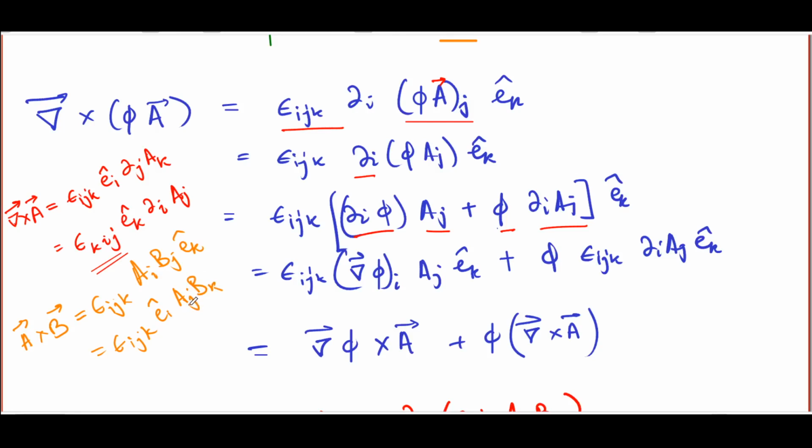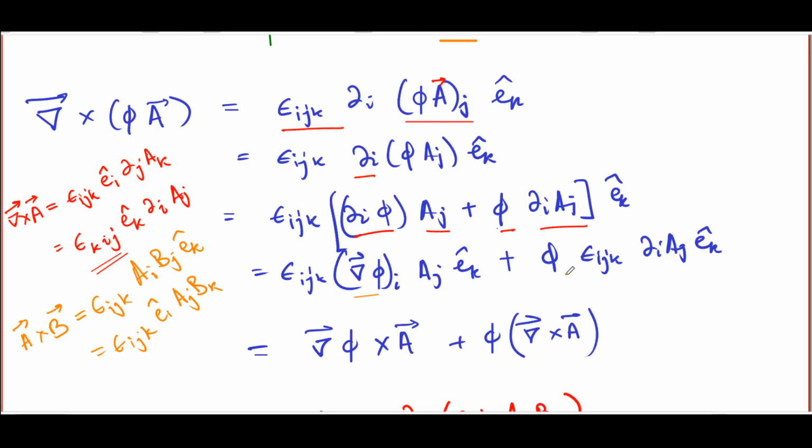But I would urge you to convince yourselves by cyclically permuting the indices here that these two expressions are really one and the same. So this is nothing but the cross product between two vectors, the vector whose ith component is sitting here, namely grad phi, and the one whose jth component is sitting here, namely the vector A. So you get grad phi cross A.